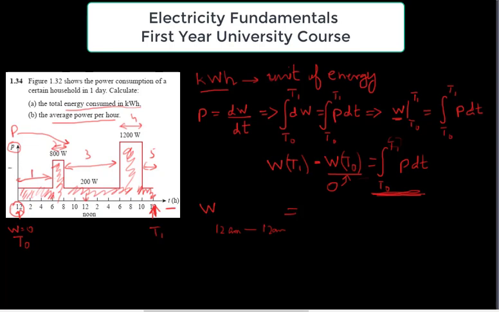And let me just quickly start measuring that so that we don't waste time. You can see that this is one rectangle. So from 12 to 6, which is actually 6 hours, the horizontal breadth is 6 hours, and the height here is 200 watts.